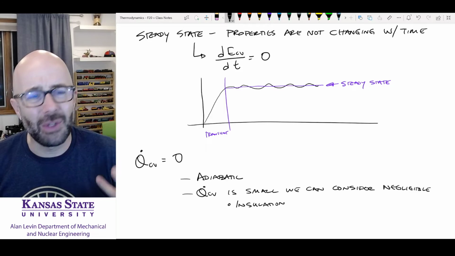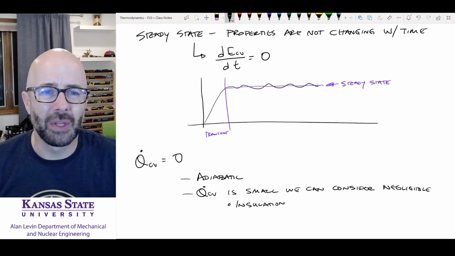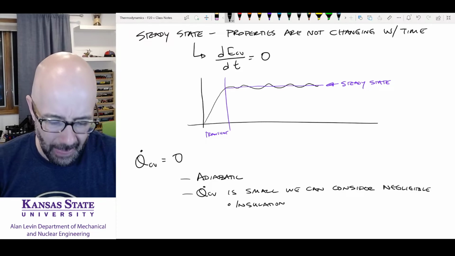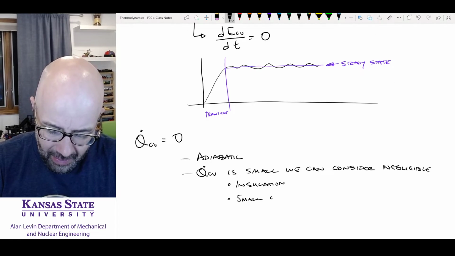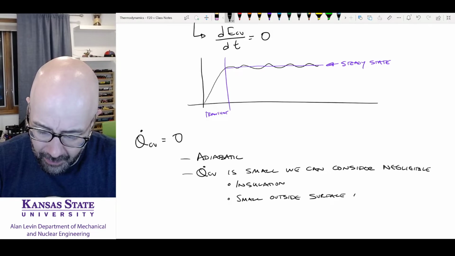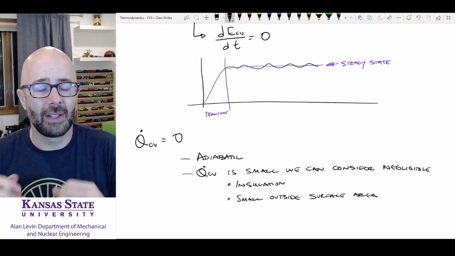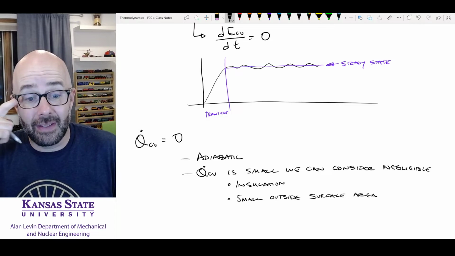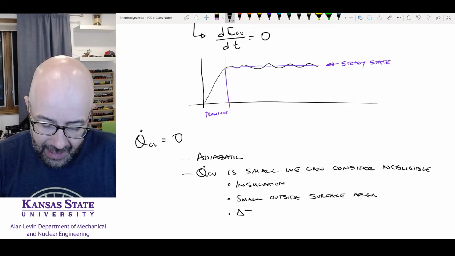You still feel some heat, but we're going to assume it's so small it's negligible to the process. Okay, you might say it has a small outside surface area. That area compared to what's inside of it, there may not be a lot of heat leaving the system. You might say that your delta T is small.